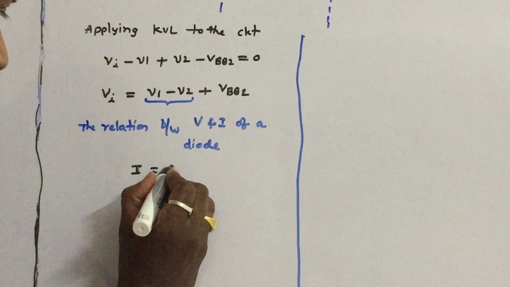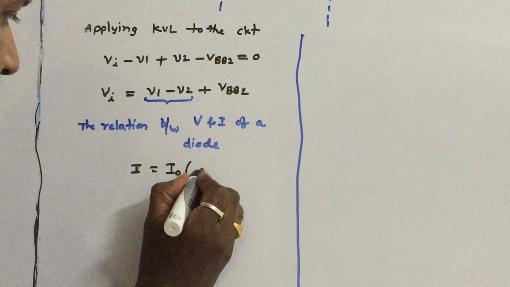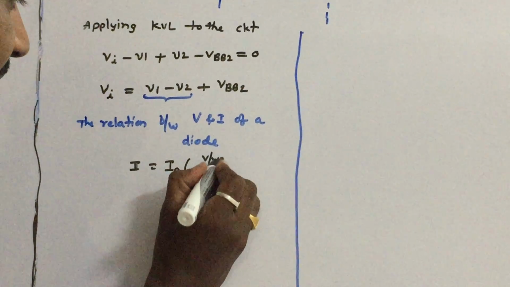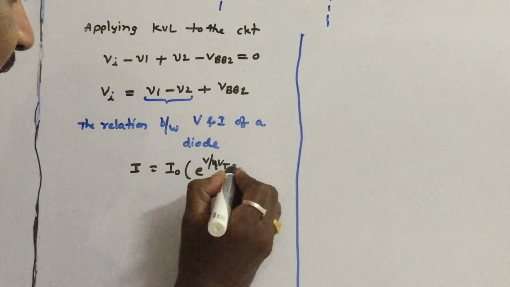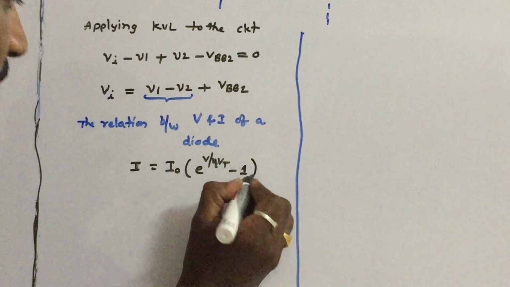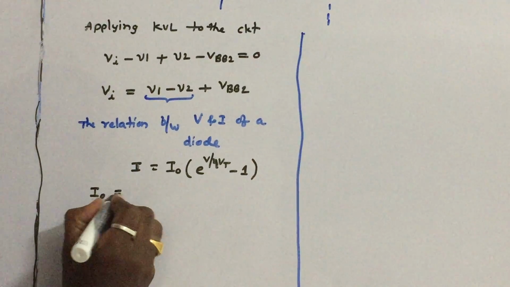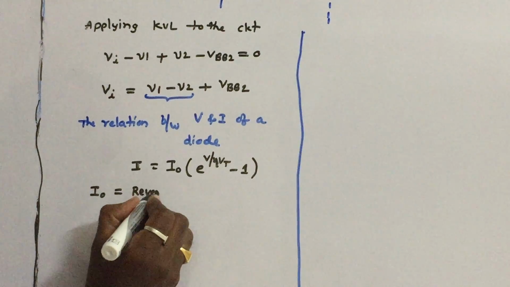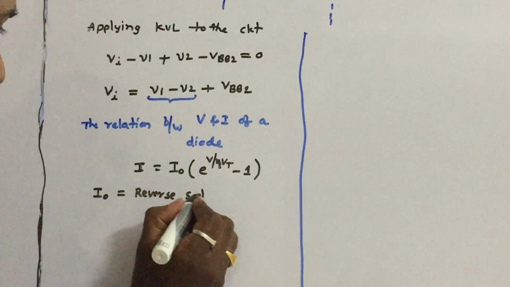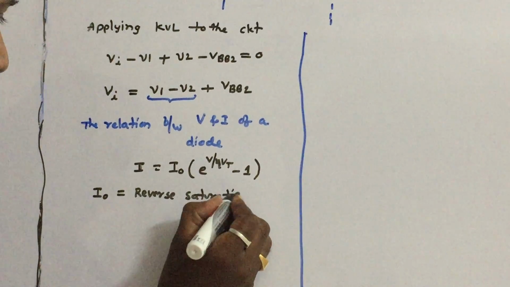So I is equal to I0 into e power V by eta Vt minus 1. This is the very important relation. As you know, I0 is the reverse saturation current.